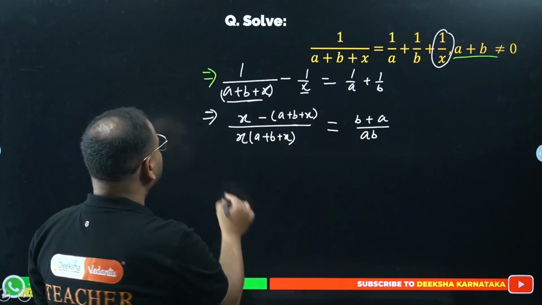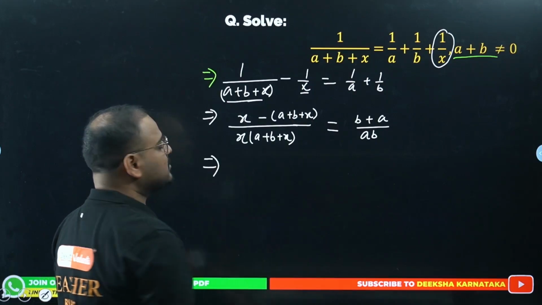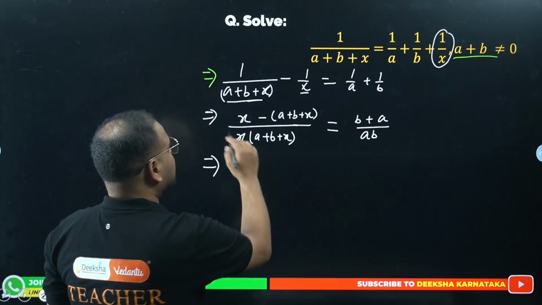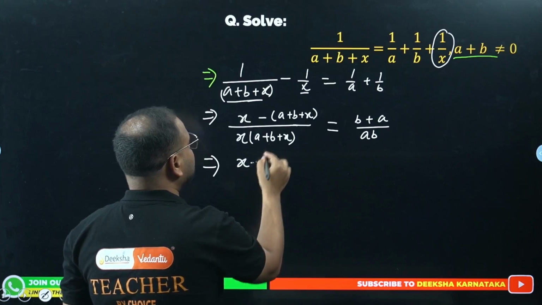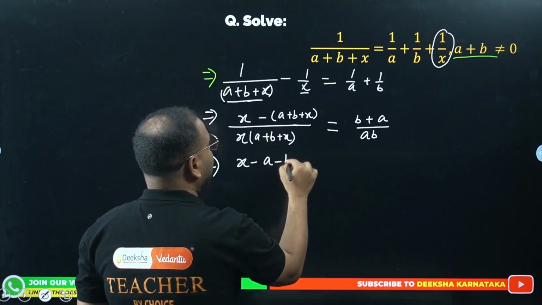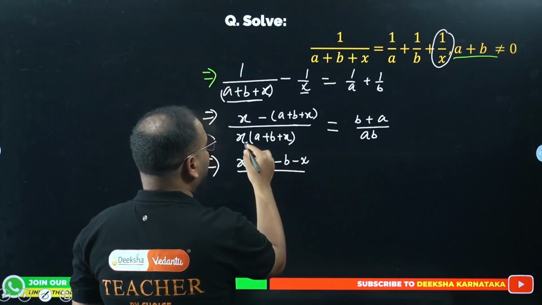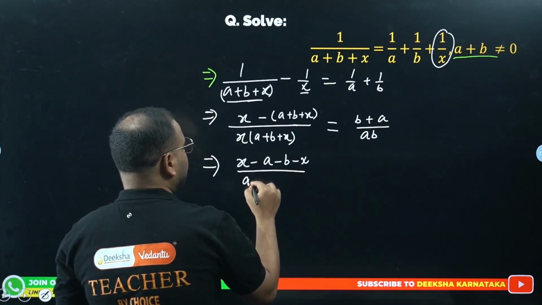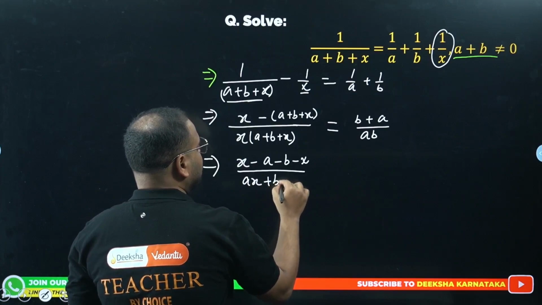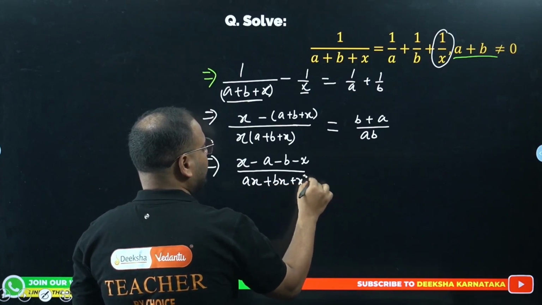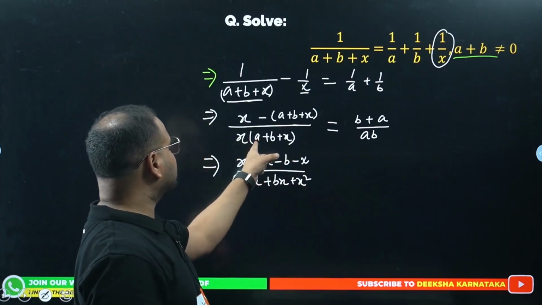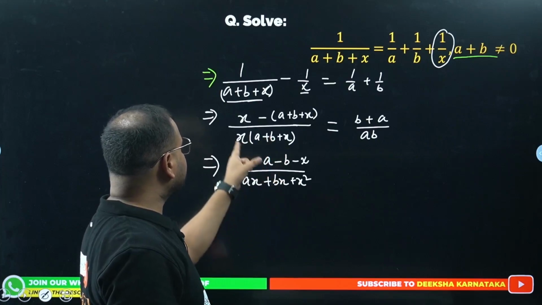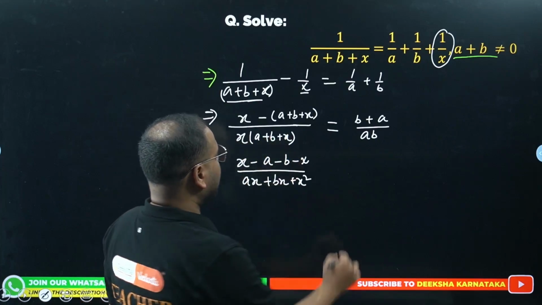If you're confused about how you got this step, let's simplify here. I get x minus, open the bracket, minus a minus b minus x upon, over here please do the multiplication. I get ax, bx and x square. Open the bracket now: x times a is ax, x times b is bx, x times x is x square.